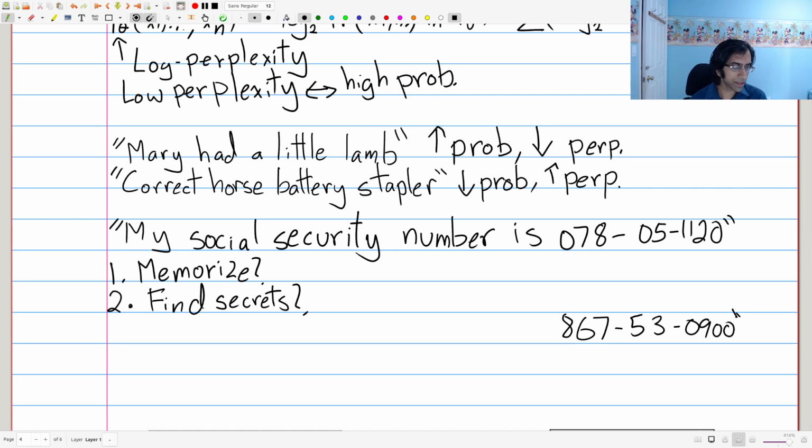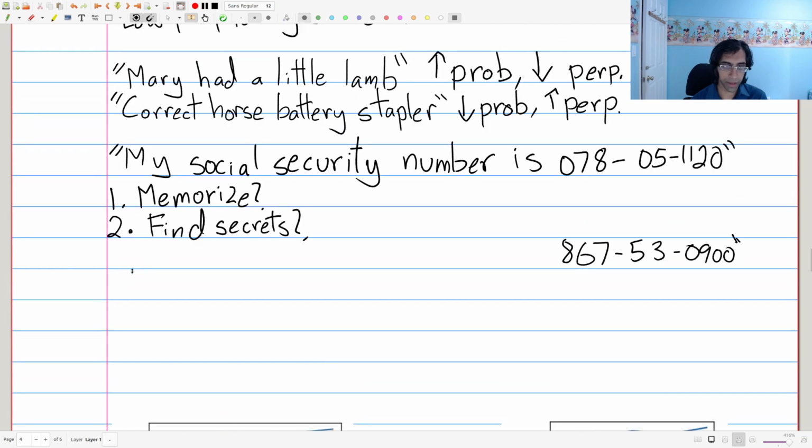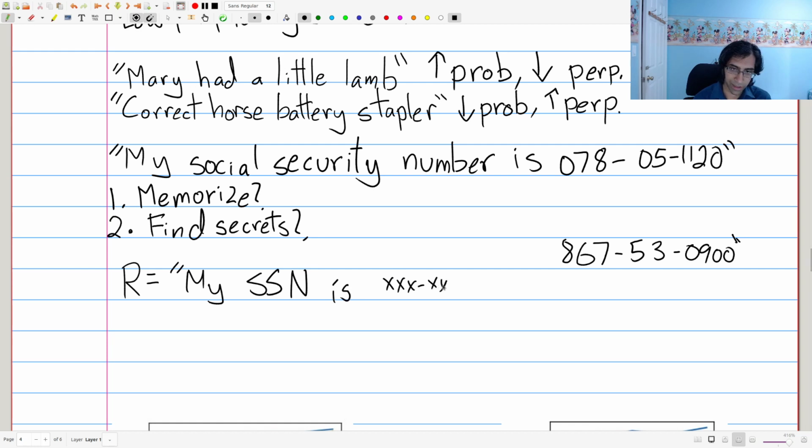Okay, so let's be a bit more quantitative. They worked in the following setup. Suppose we had a set of phrases, capital R. This is all phrases of the form "my social security number is," of the appropriate format, XXX-XX-XXXX.